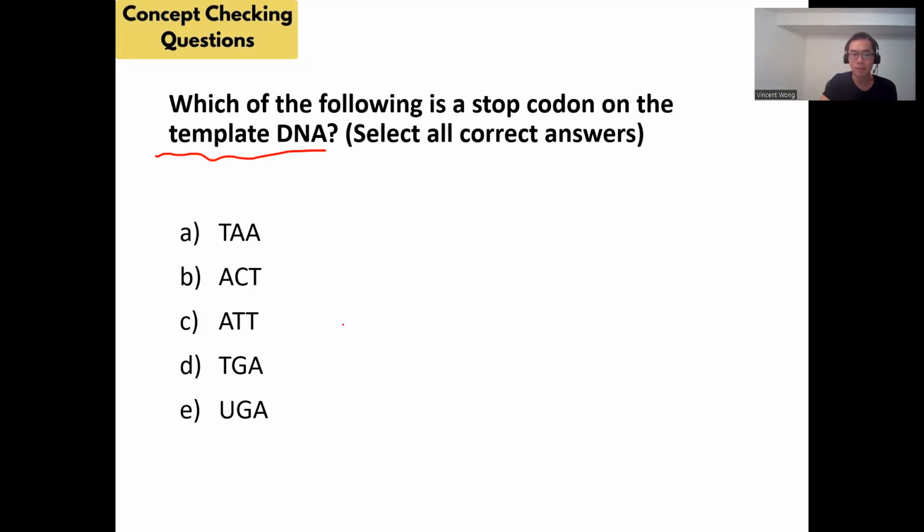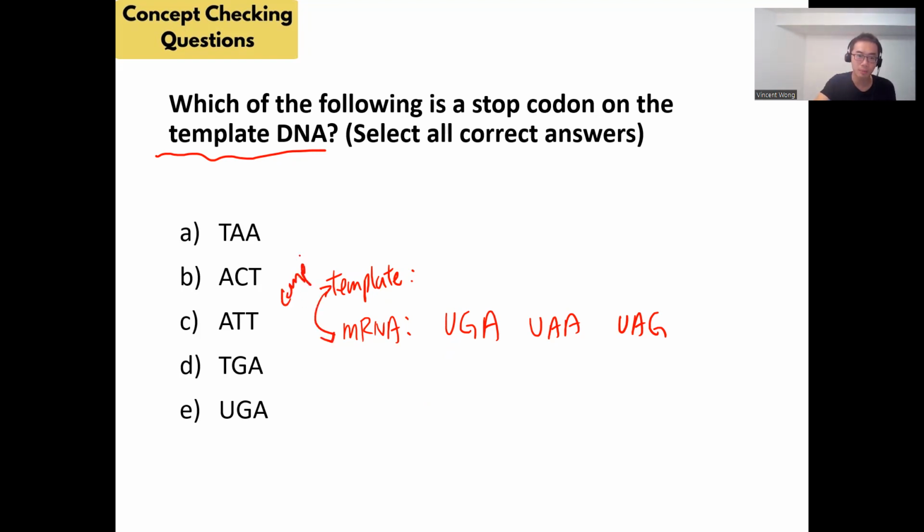So what would we do? Let's write down the mRNA first. And so we have 3 stop codons. You got A, you are awesome. But don't forget, the messenger RNA actually came from DNA. It came from copying the template DNA, and the relationship between the template and the RNA is that they are complementary.